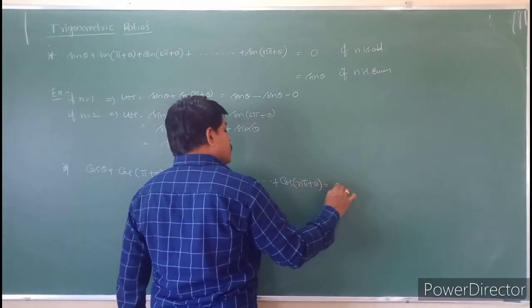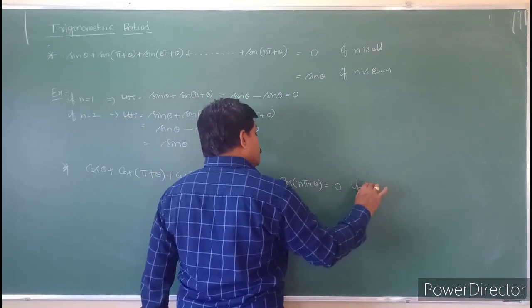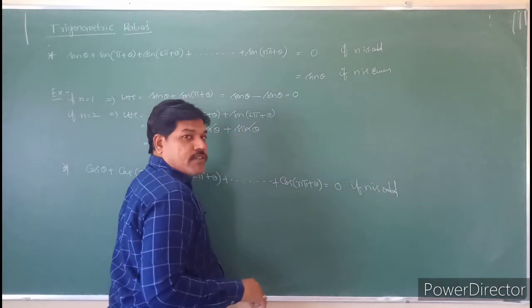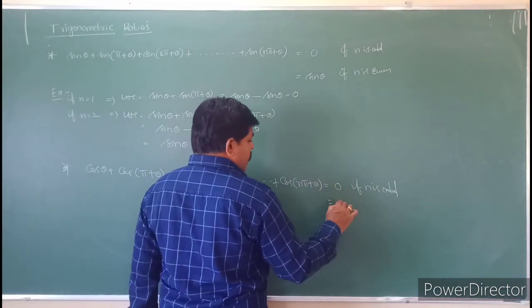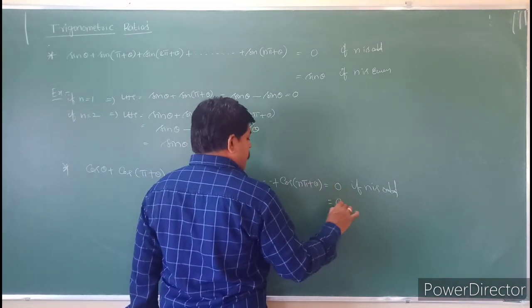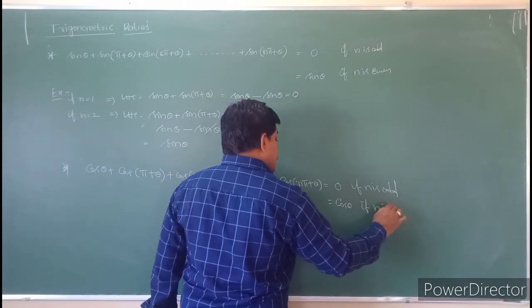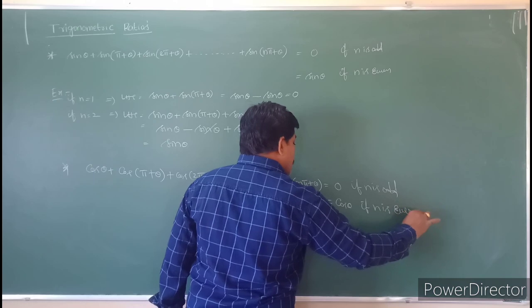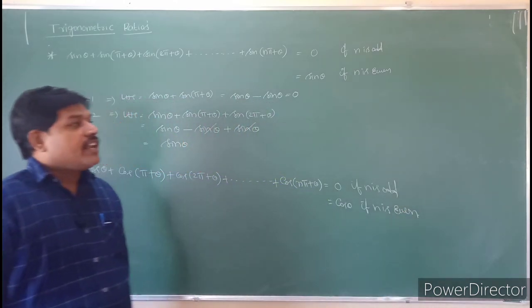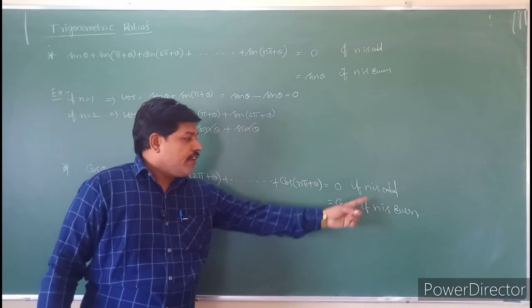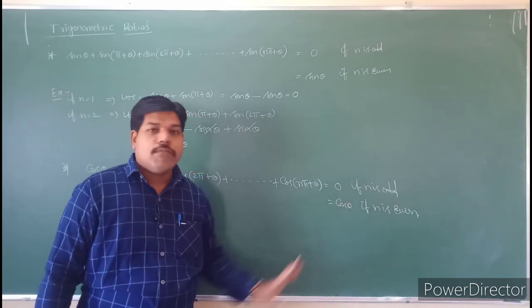So this value is also 0 if n is odd. If n is odd, the sum will become 0, and if n is even, the sum will become cos theta.